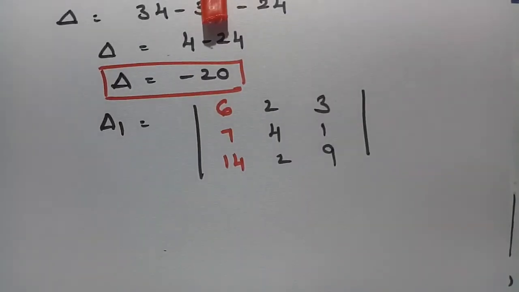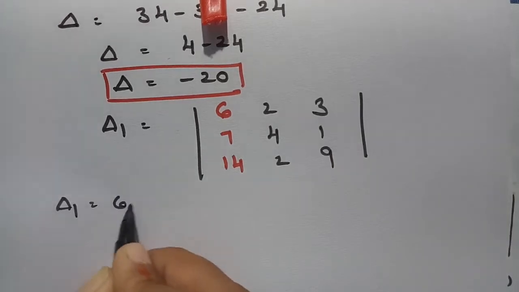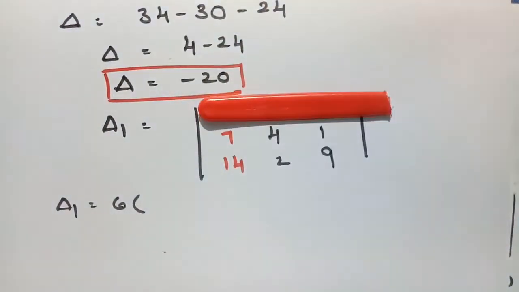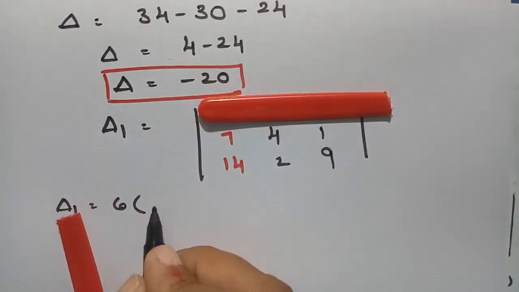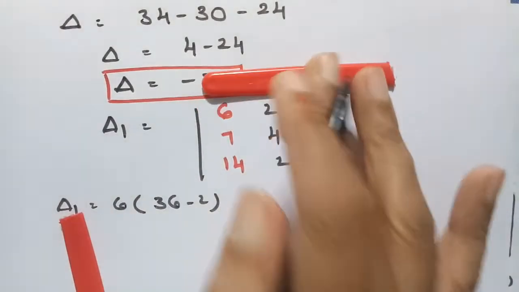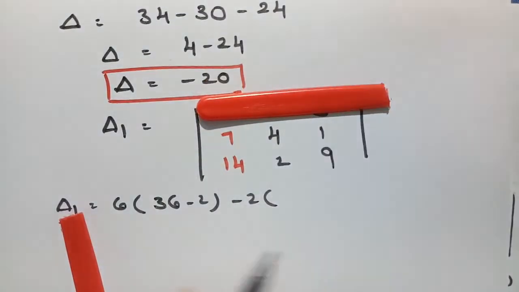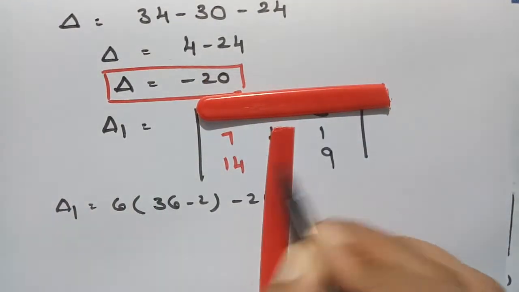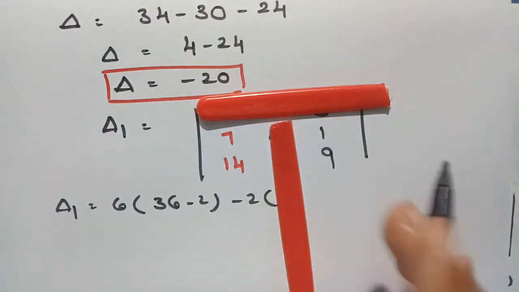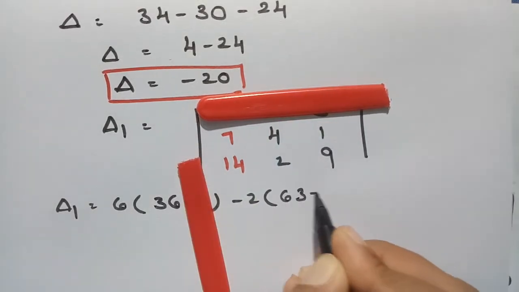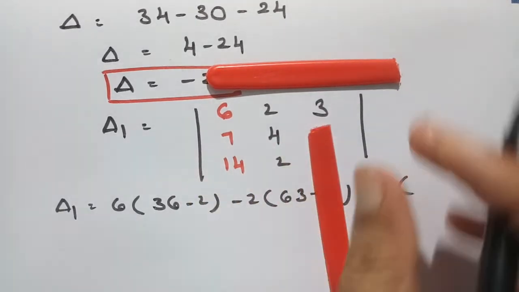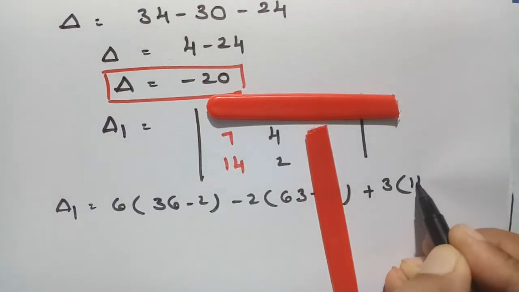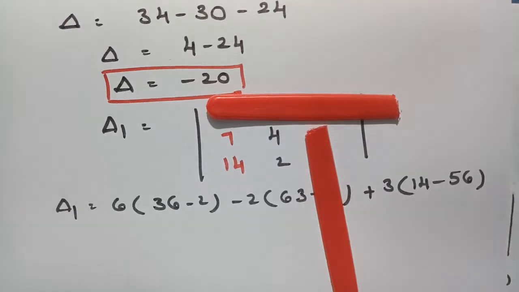Now I have to find the determinant. For finding the determinant delta 1, this is 6 times, I close the corresponding row and column, which is 36 minus 2. Then minus 2 times 63 minus 14, since 7 nines are 63. And 3 times, if I close the row and column, this is 14 minus 56.